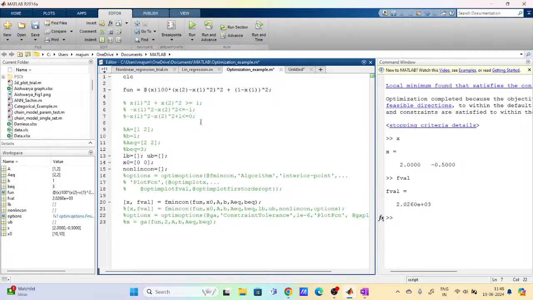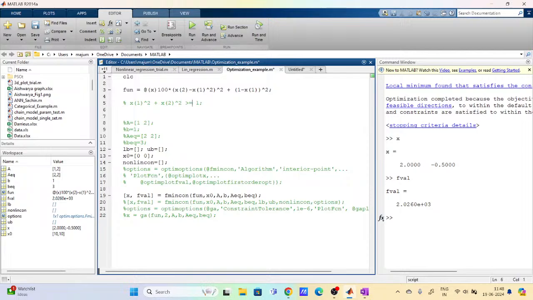So for greater than or equal to, first convert the symbol to less than or equal to, then make the right hand side equal to 0. Whatever number is present in the right hand side, shift it to the left hand side. Understood? But we don't use this one because ours is already less than or equal to.